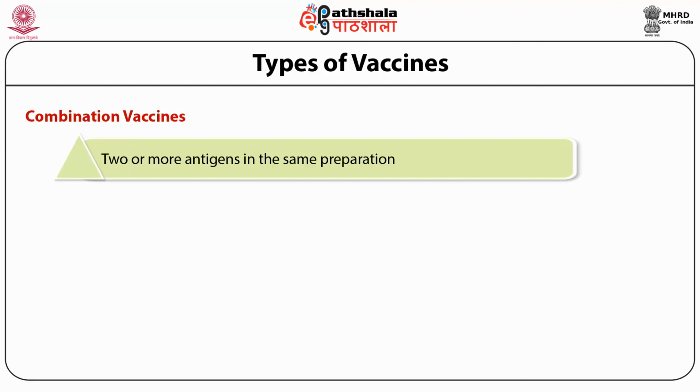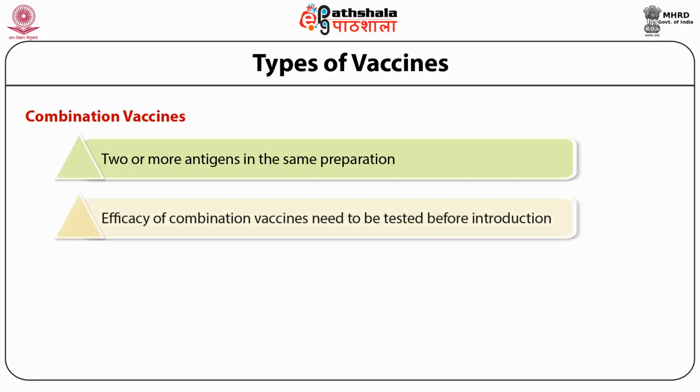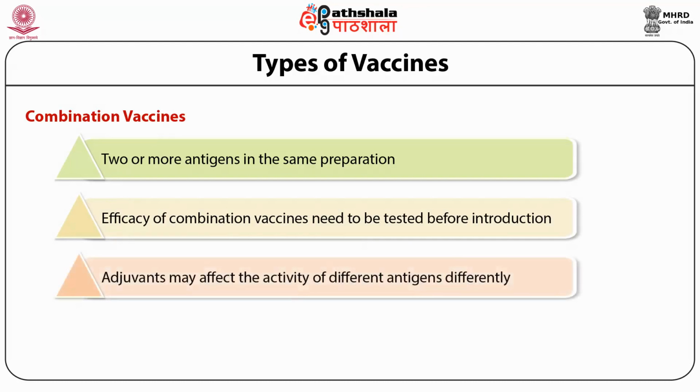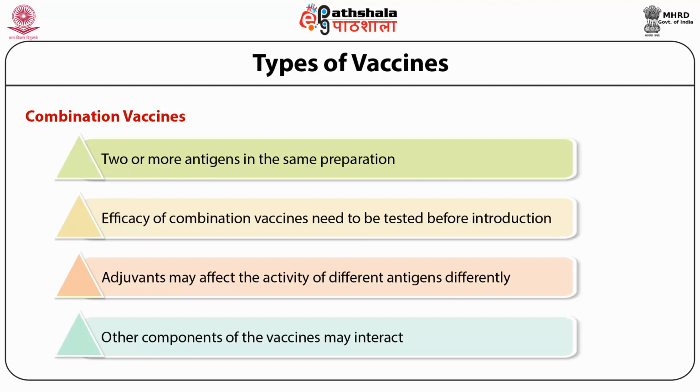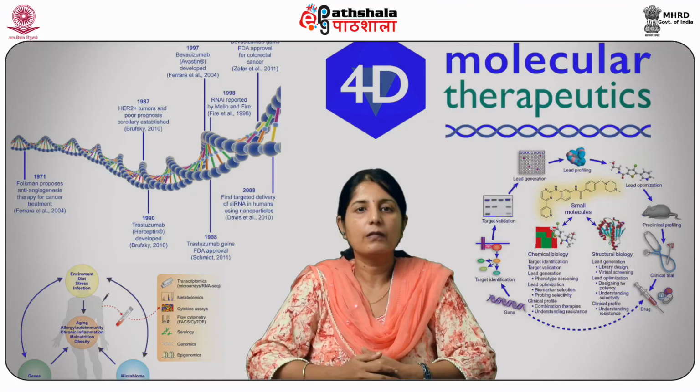The only thing which needs to be carefully monitored in these kinds of vaccines is their efficacy, which has to be tested before introduction, and secondly, adjuvants, because the adjuvants may affect the activity of different antigens in a different way, or other components of the vaccines may interact with each other, affecting the efficacy of these vaccines.